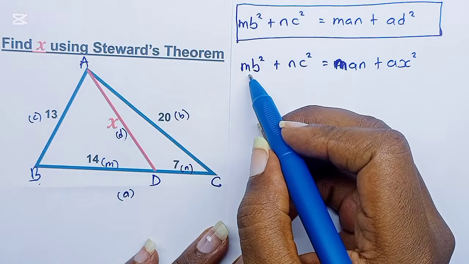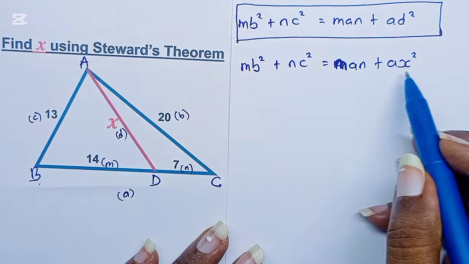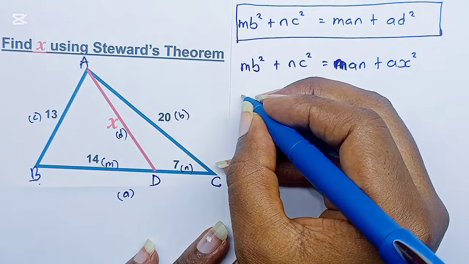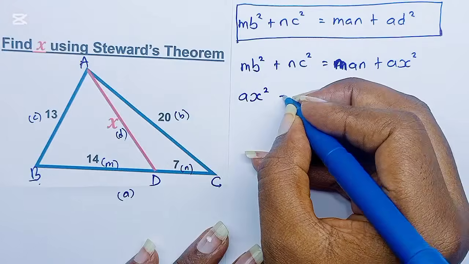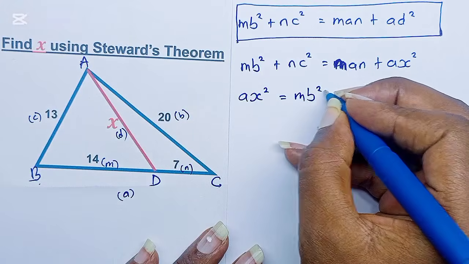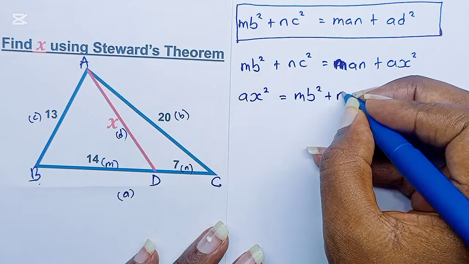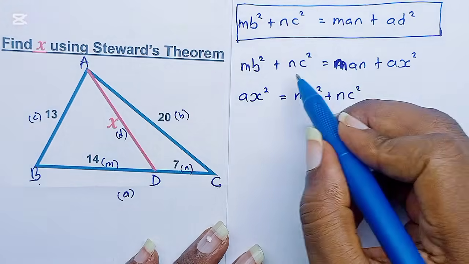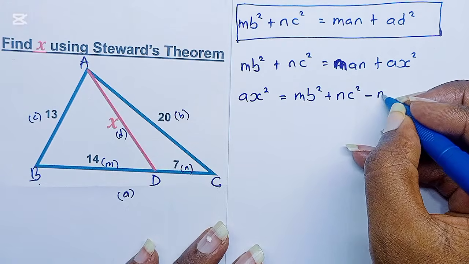Since we are looking for X, we make this the subject. We shall have AX squared being equal to MB squared plus NC squared. When this crosses, it becomes minus MAN.